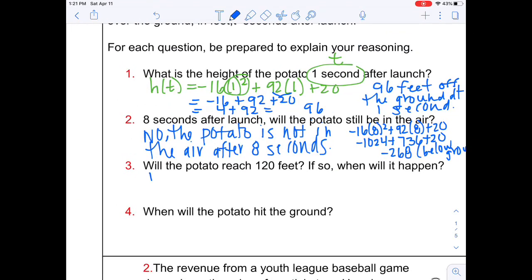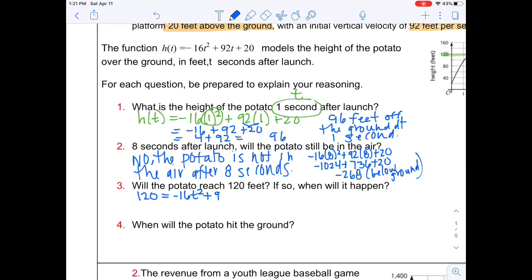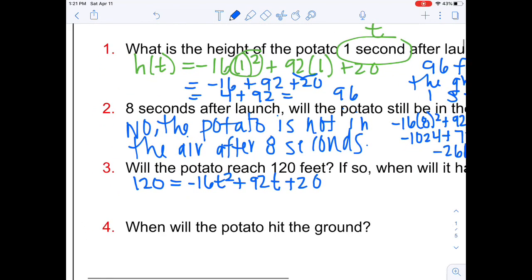I'm going to put 120 feet as my height. So 120 equals negative 16t squared plus 92t plus 20. I'm doing this because I want to know exactly after what time t it will hit 120 feet.